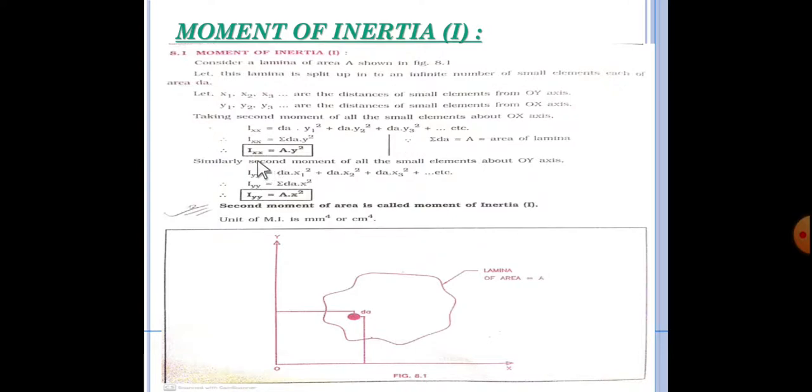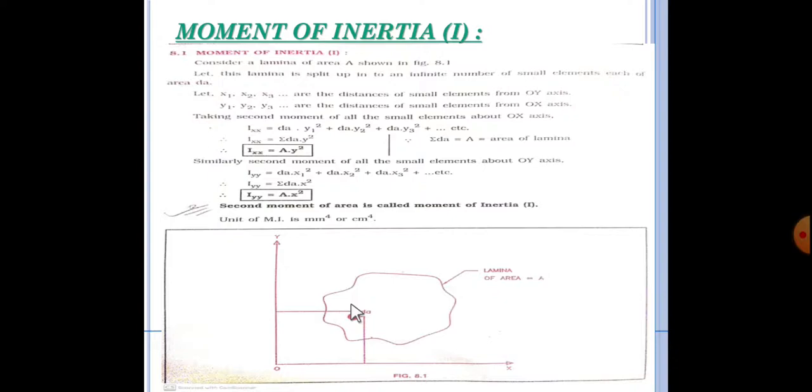So Ixx is equal to area into y square. Same way, Iyy is equal to area into x square. Means, what is the moment of inertia? From these two we can say that second moment of area is called moment of inertia.